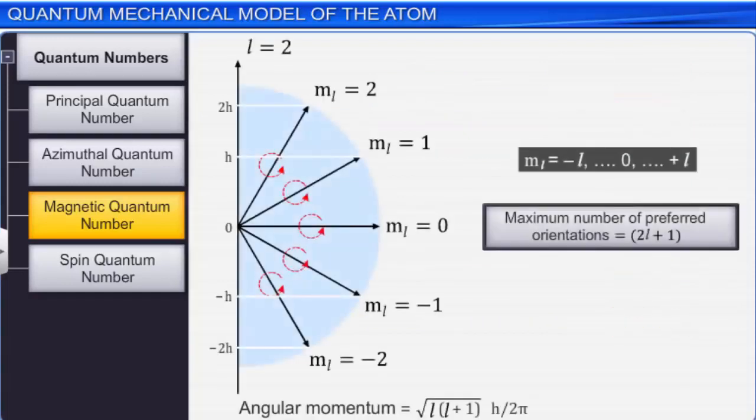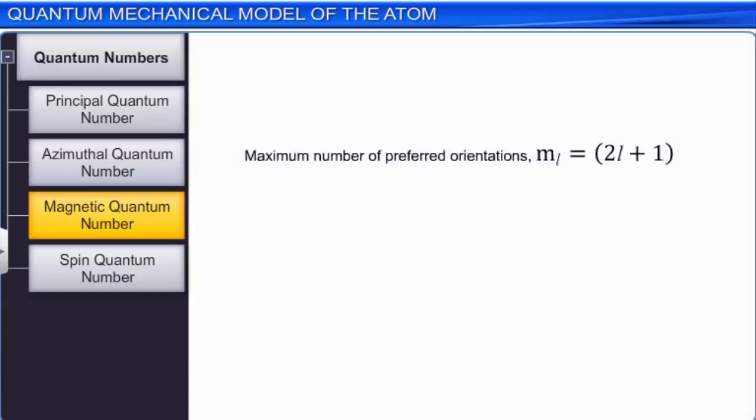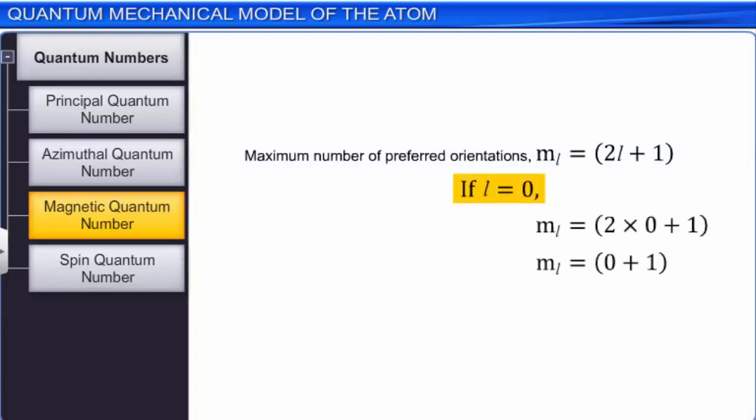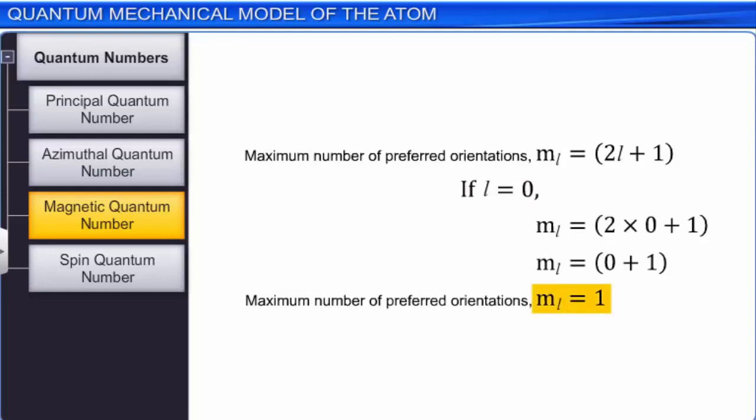For a subshell, there can be a maximum of 2l plus 1 preferred orientations or orbitals with values ranging from -l to +l, including 0. Hence, for L equal to 0, the number of preferred orientations is equal to 1.